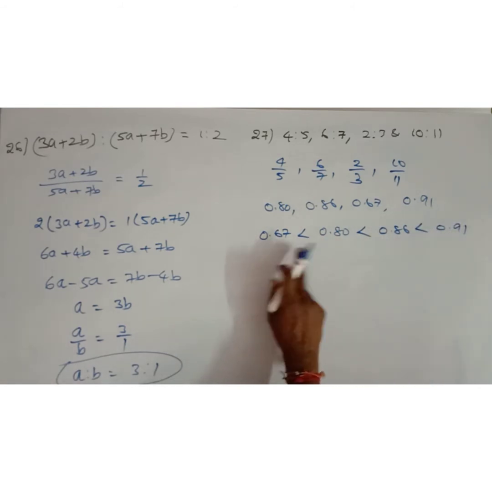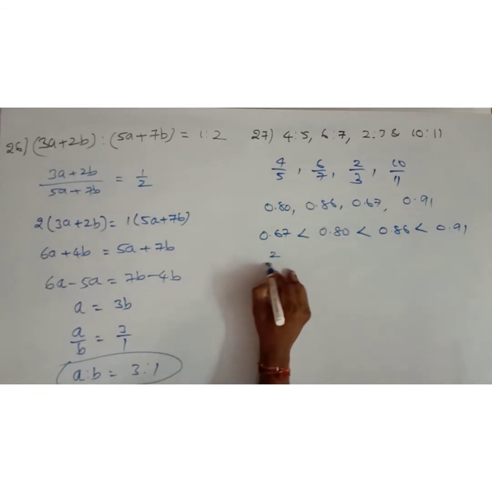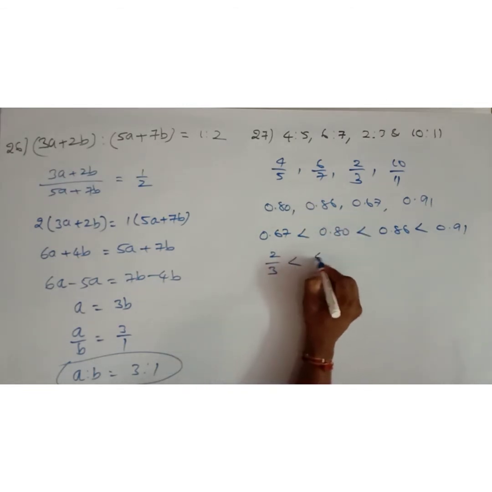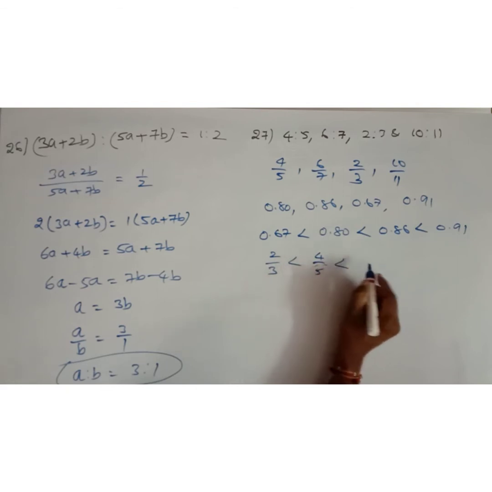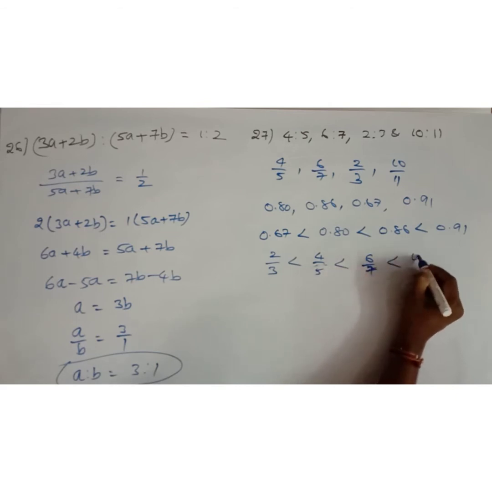That means 2 by 3 is less than 4 by 5 is less than 6 by 7 is less than 10 by 11.